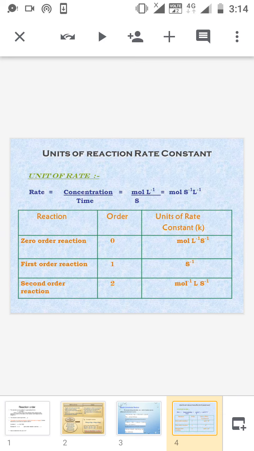So the unit of a rate is mole second inverse liter inverse. Then what is the unit for a first order reaction? We have to start from zero order. So what is the unit of a zero order reaction?